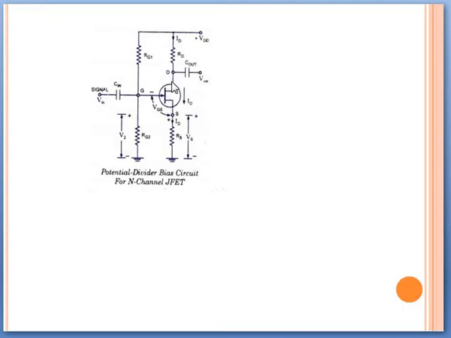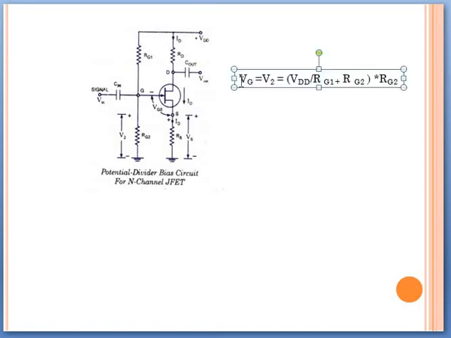So the IG is always 0 and the gate voltage VG equals V2, or VDD by RG1 plus RG2 into RG2, where this is the voltage divider circuit.